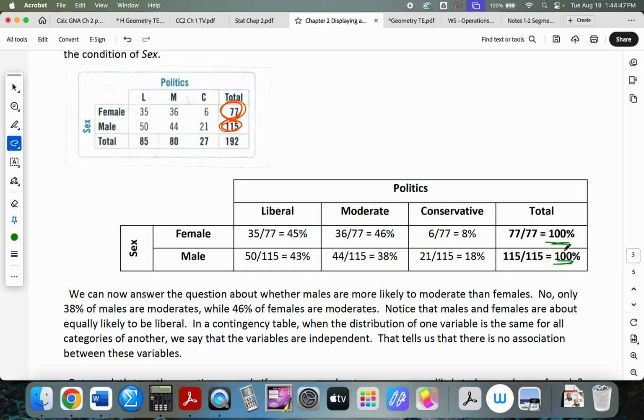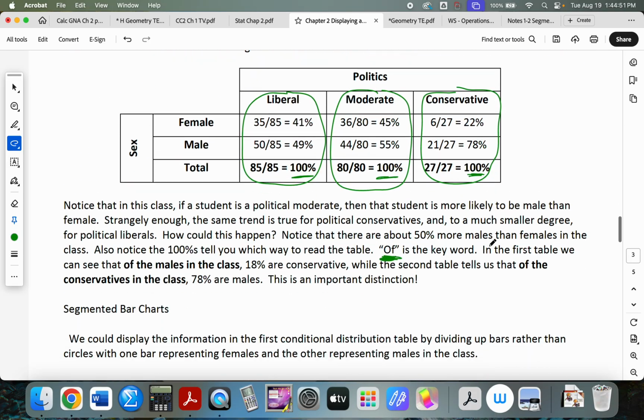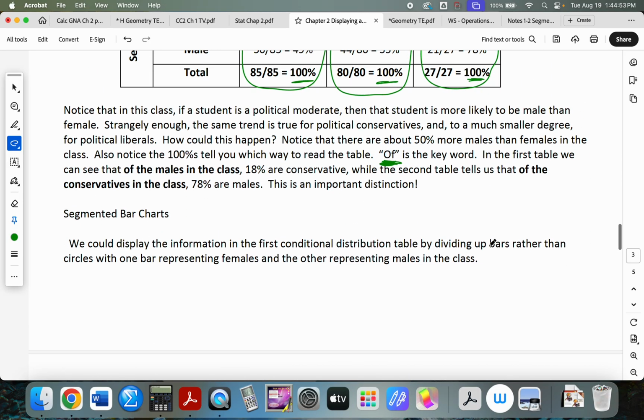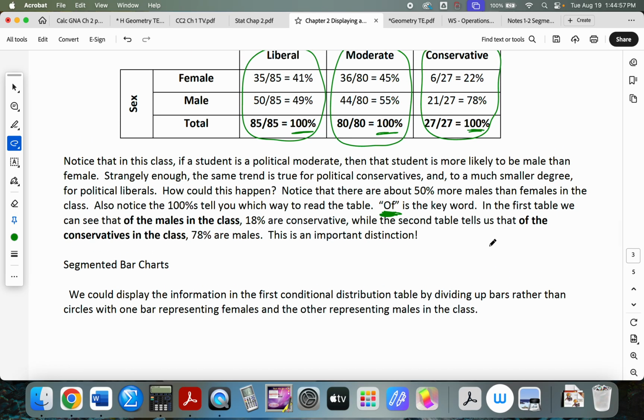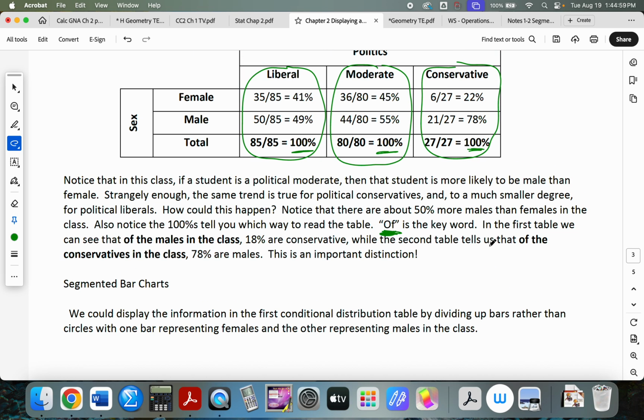We're looking at this as a whole. And then of the conservatives in the class, 78% of them are male. So it's an important distinction, and it's really easy to get it backwards. So you have to read carefully on these.